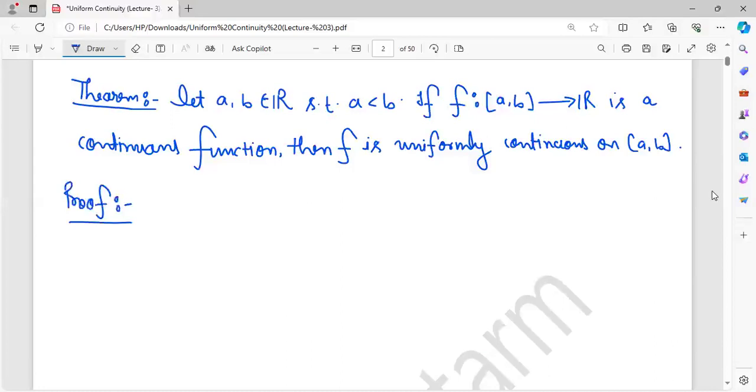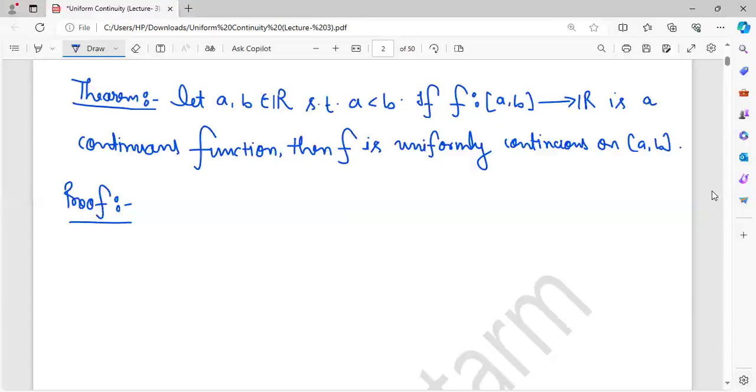In the last lecture we proved a theorem in which we stated that two statements are equivalent. If f is uniformly continuous on [a, b], then you take any two sequences in the interval whose difference tends to 0, and the image sequences' difference also tends to 0.